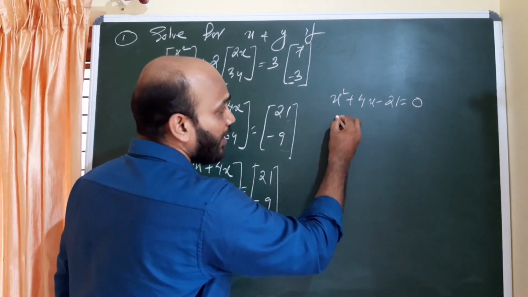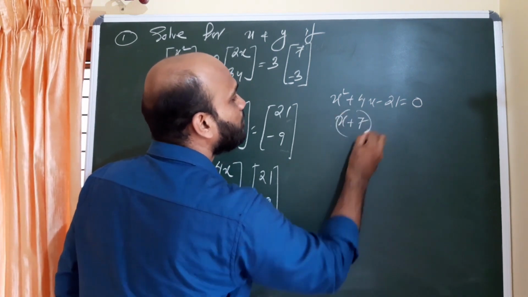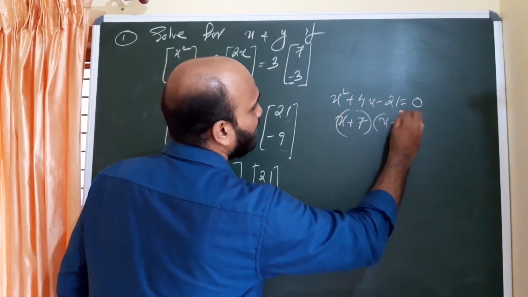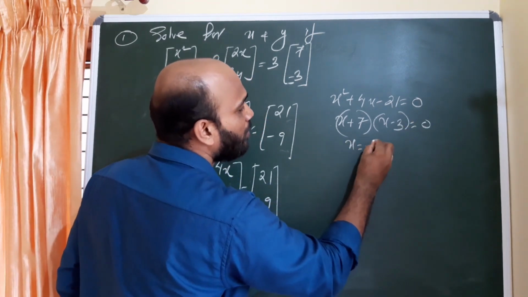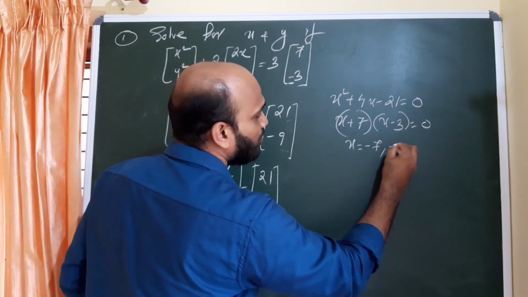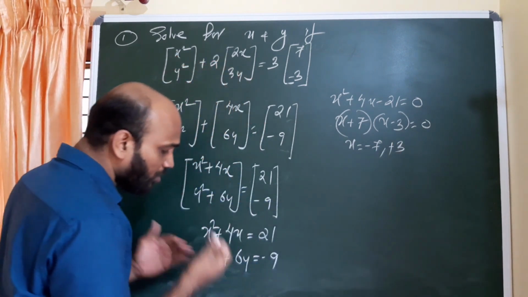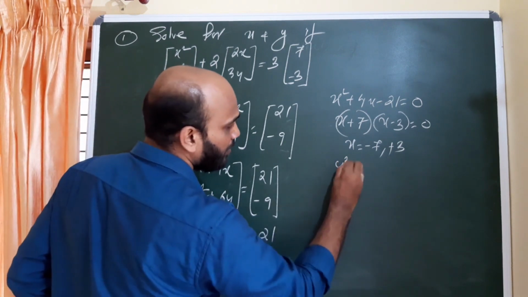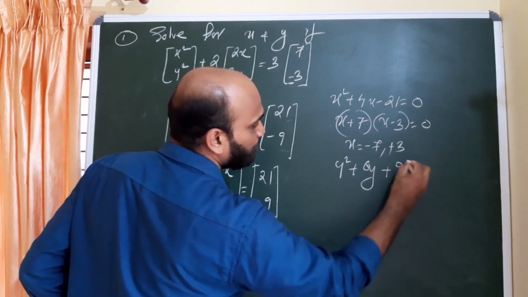So we can factorize this one as (x + 7)(x - 3) = 0. So values of x are x = -7 and x = +3. Now we have to solve our second equation, that is y² + 6y + 9 = 0.